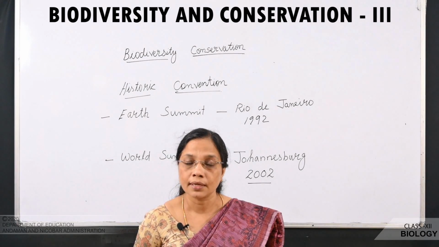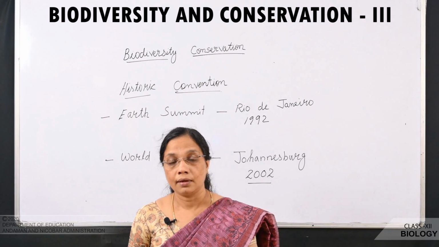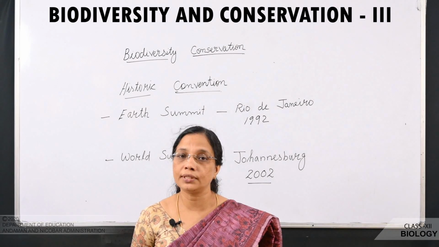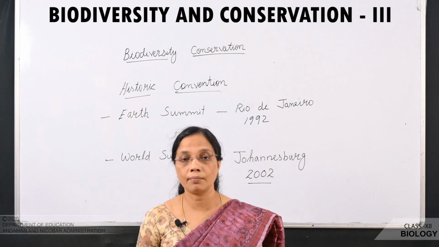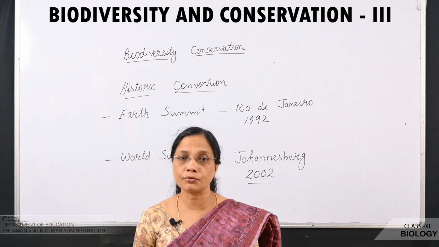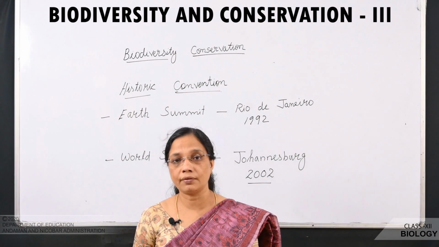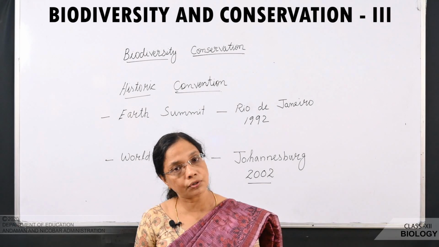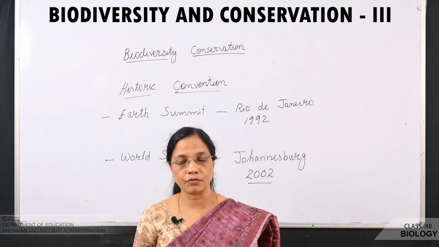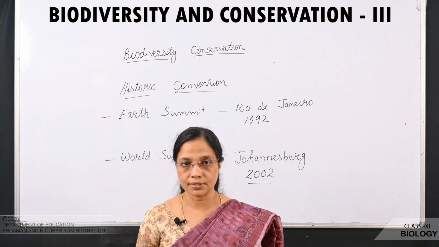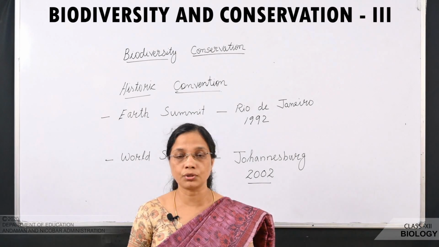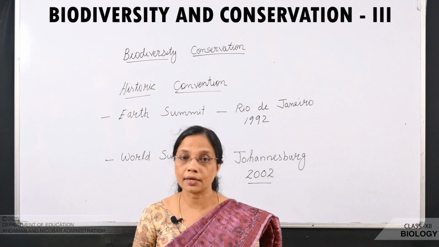Next we have seen ethical. Since we are sharing this planet along with other species, it's our moral duty to conserve and protect every living organism and to transfer this biodiversity to the next generation without causing much harm. So these are the reasons for conserving biodiversity. We have also seen the approaches to conserve biodiversity. There are two approaches.